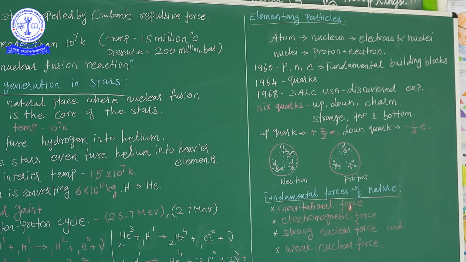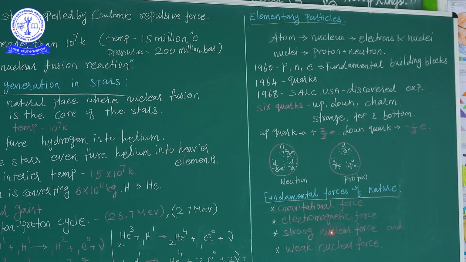The atoms in your body are stable. Are they stable or not? They are stable. Not stable would mean collapse. The atoms in our body are stable because the strong nuclear force acts on your body.